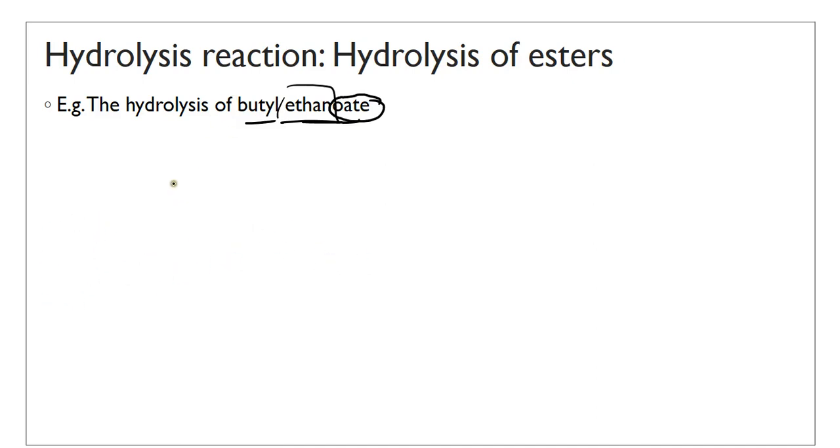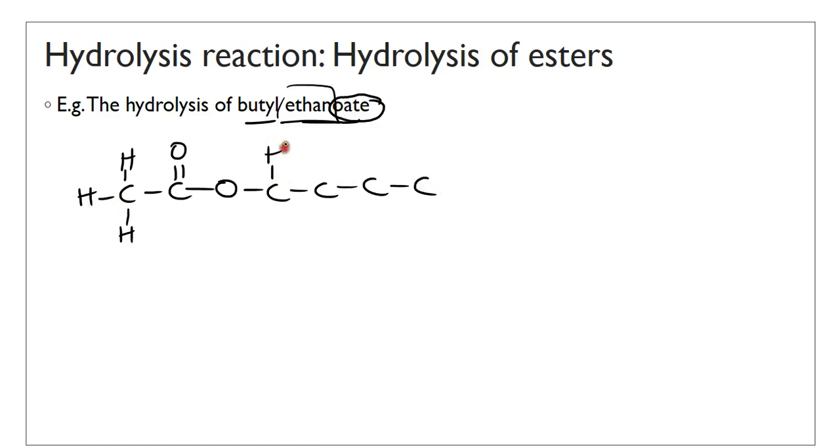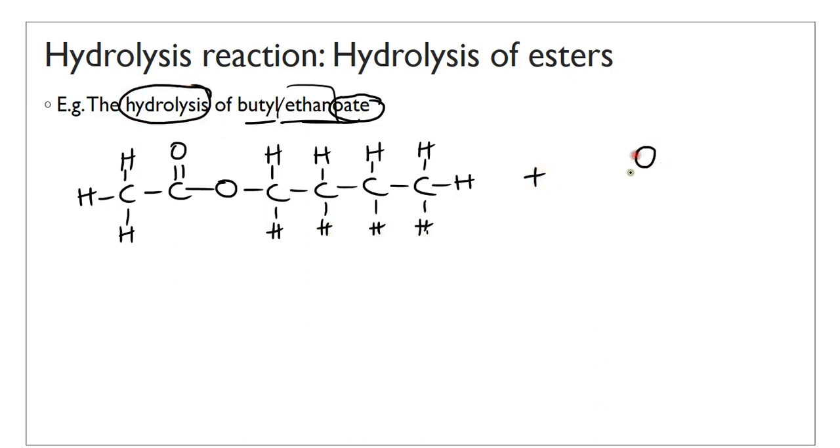So let's start again. We're going to have C double bond O, and then O, CH3, and 4 carbons. Okay, so 1, 2, 3, 4. Now because this is hydrolysis, the other reactant has to be H2O.